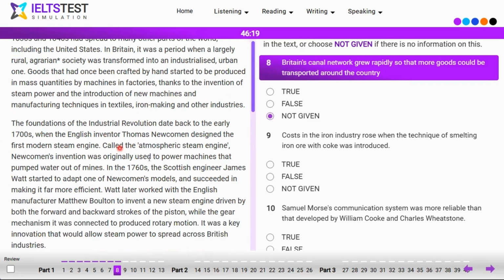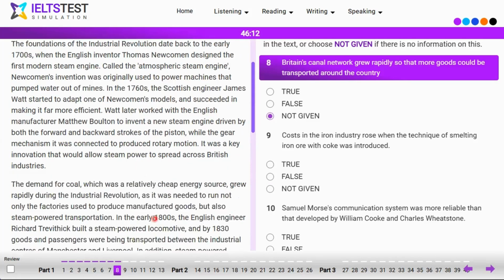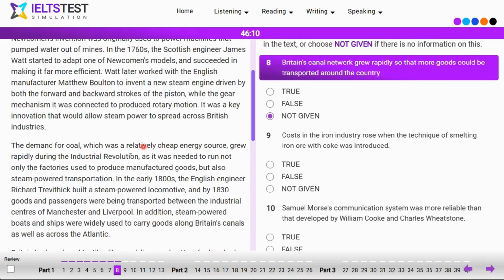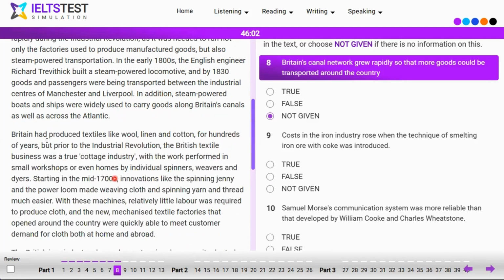Newcomen, atmospheric steam engine, Scottish engineer, what later worked with. The demand for coal grew, but also 1800, English engineer, transportation. I'm looking for coke.